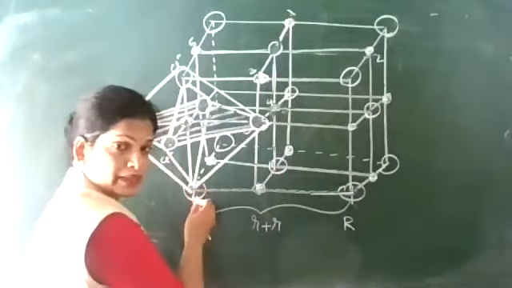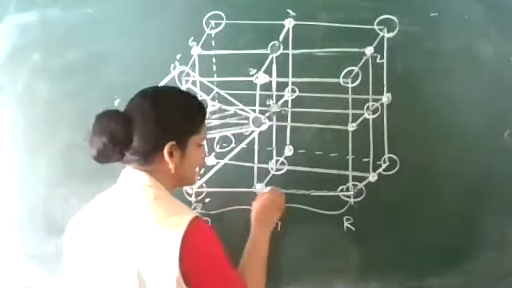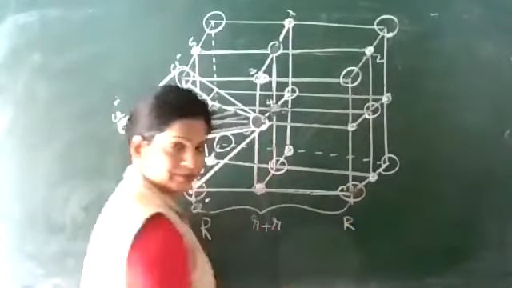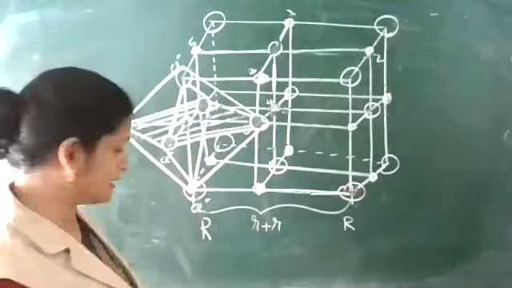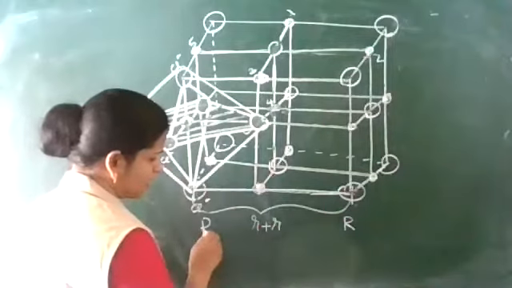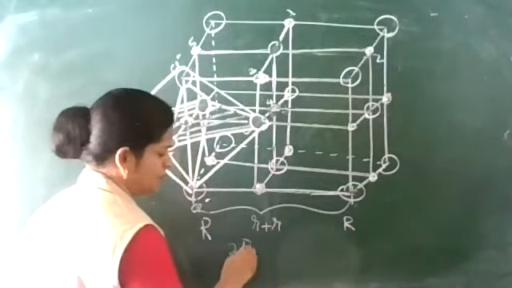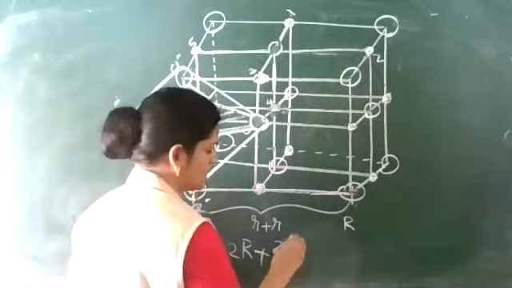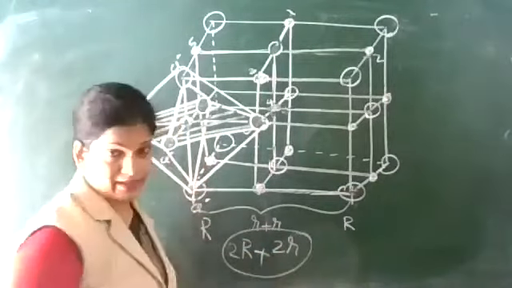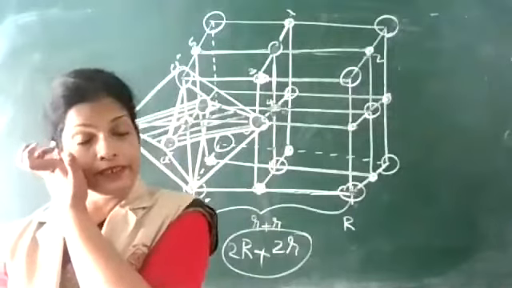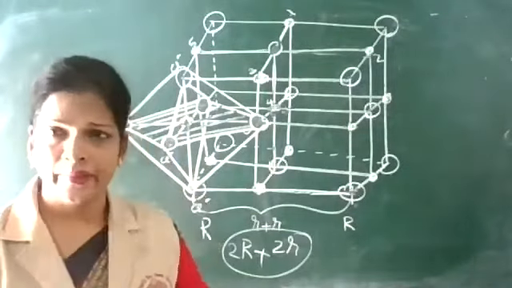From its center to its center, that is the edge length. Edge length is equal to R plus r plus r plus R, that means 2R plus 2r. That is the edge length. Edge length is normally given in picometer, pm.